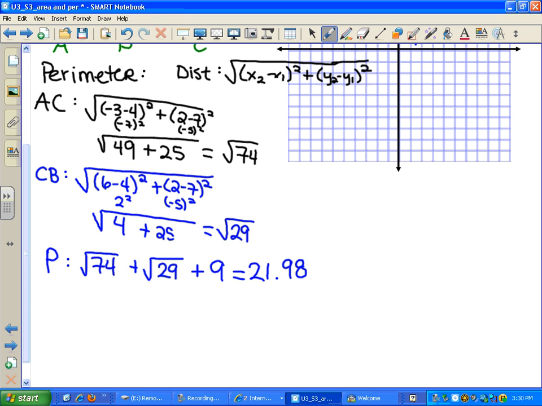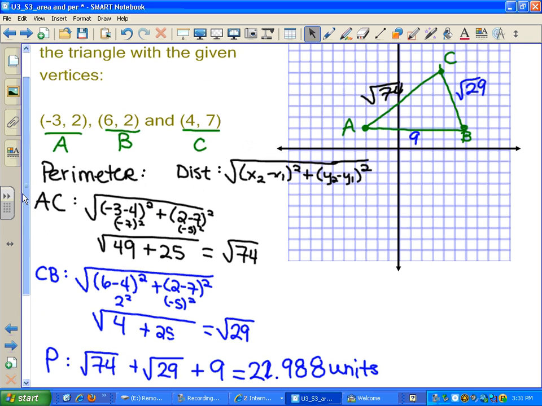Square root of 74 plus the square root of 29 plus 9 is actually 22.988, we'll say. And since it's perimeter, we're just going to say units. None were given to me. So it's 22.988 units. All right, let's go ahead and find area.